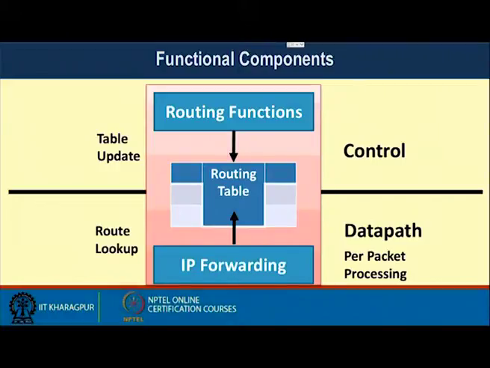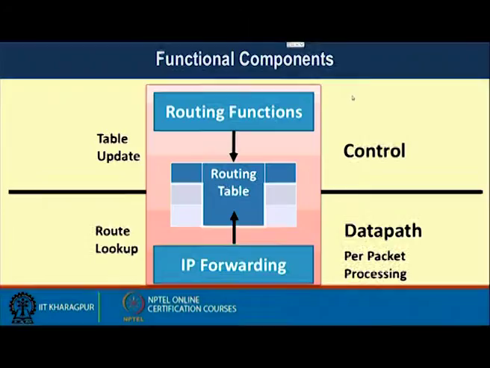In the control part, we have different routing functionalities which are being implemented. So, in the later classes, we will see different types of routing protocols which are used to populate the routing table. You will see that there are routing protocols like distance vector routing, link state routing, and at the internet scale you have Border Gateway Protocol or BGP class of routings which are used to populate this intermediate routing table.